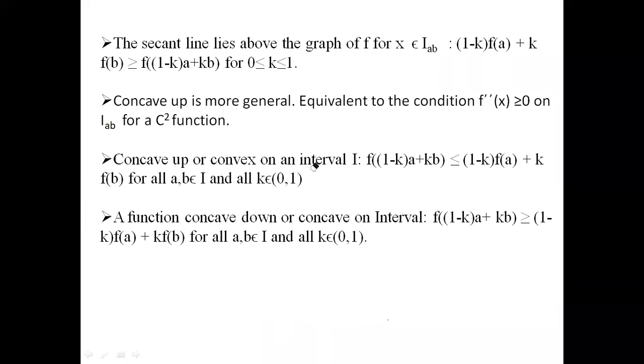Okay, fine. So now we will go to a simple example. f(x) is equal to x cubed minus 3x.